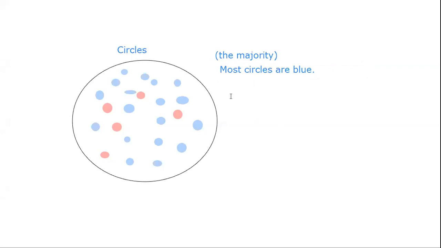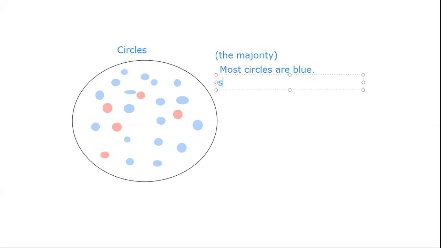And what if I want to describe the red circles? What can I use to describe the number, the quantity of the red circles? Few, yes. But let's give it more because we have 18 blue, so we have 5 the others.